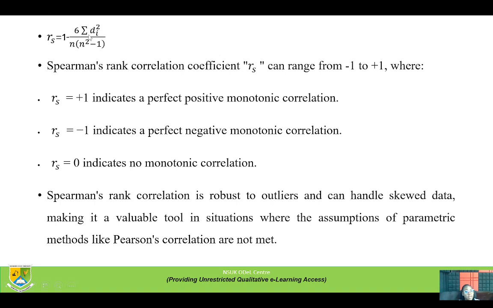The formula demands that we get the square of the differences in ranks and also the number of observations. That's all you need to compute the Spearman's correlation coefficient. So your preliminary computations should involve ranking, getting the difference in ranks, and then the squares of these differences, and then the summation of it all. Then you go ahead and do your substitution.